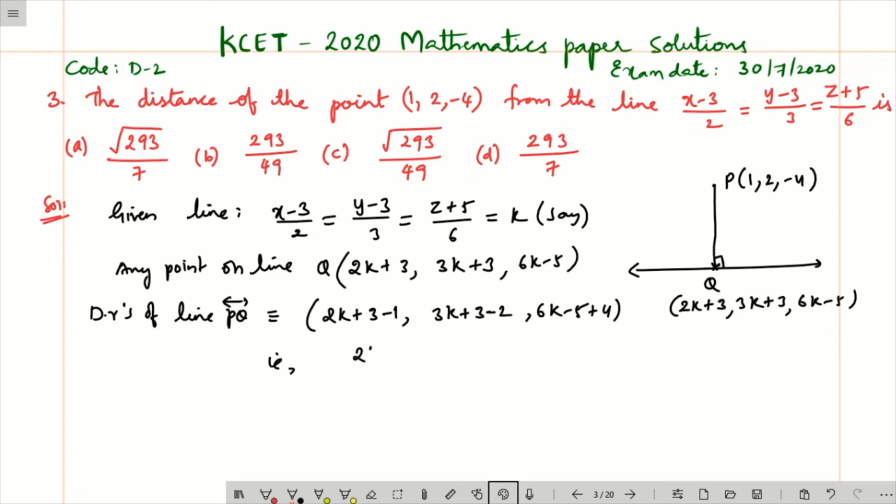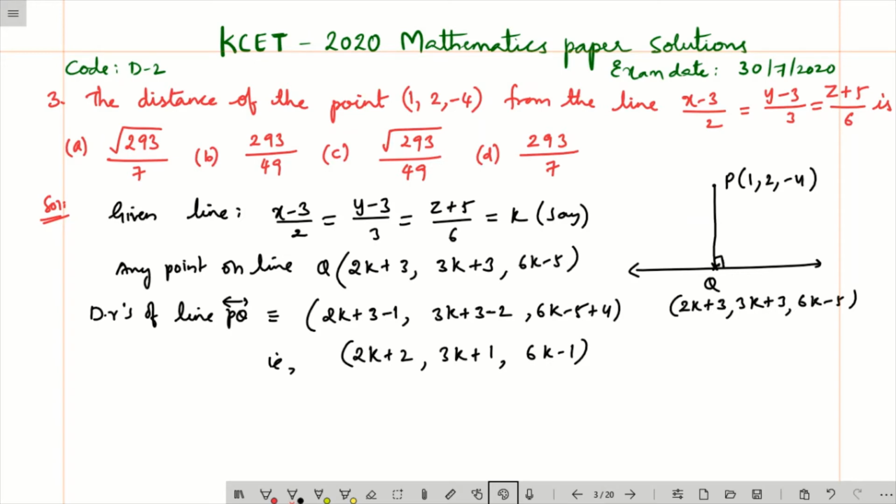So that is 2k+2, 3k+1, 6k-1, which are the direction ratios of PQ.